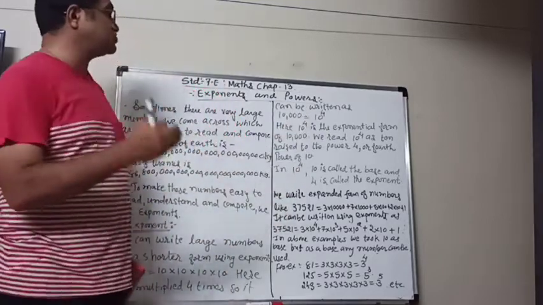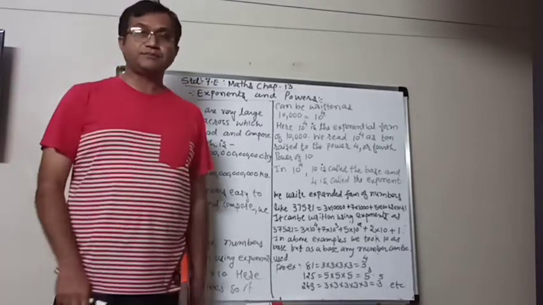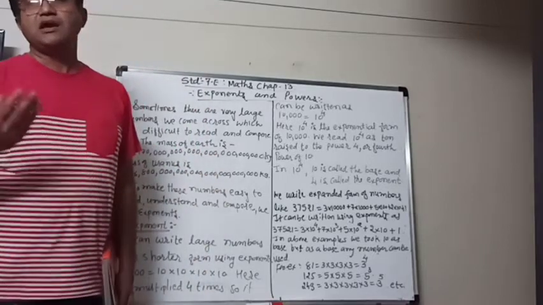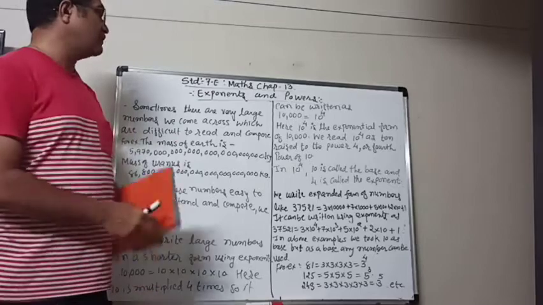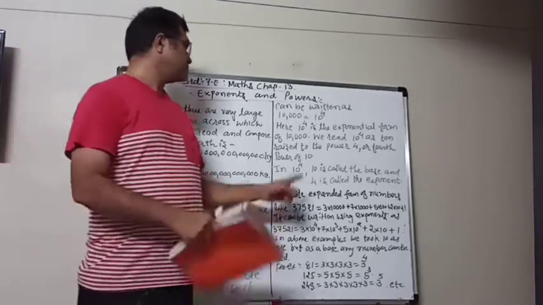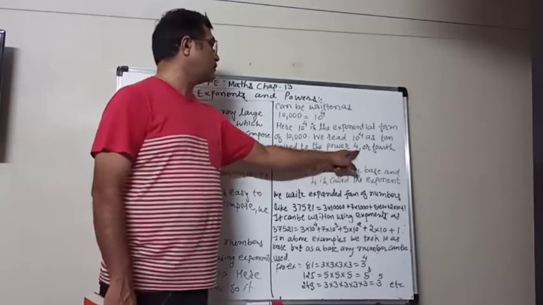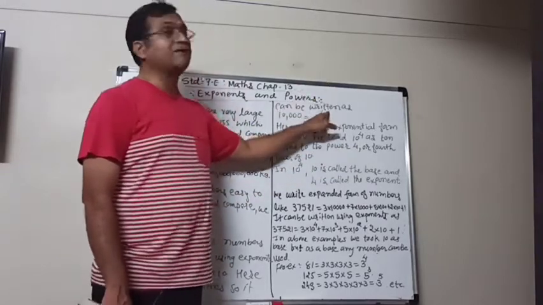It means it is a shorter way to write 10,000. So in place of 10,000, we can write 10 raised to 4. We read it as 10 raised to the power 4.